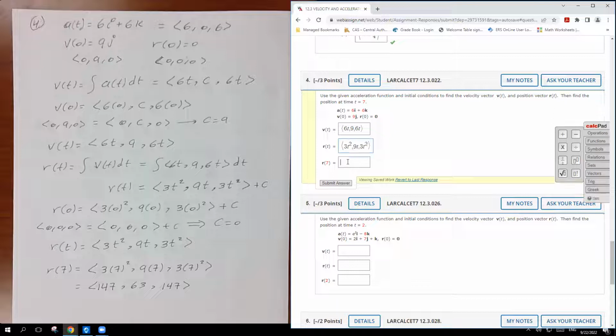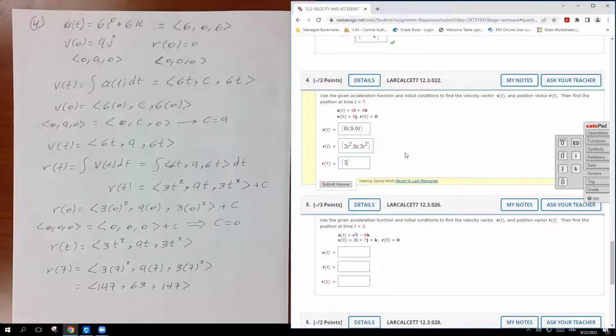And with t equal to 7, another vector is going to be 147, comma, and the other one is 63, comma, 147.